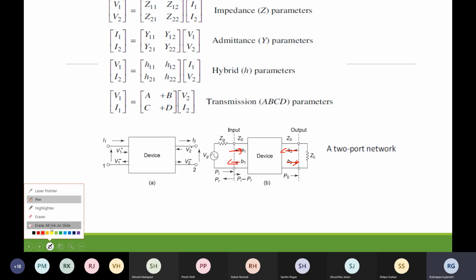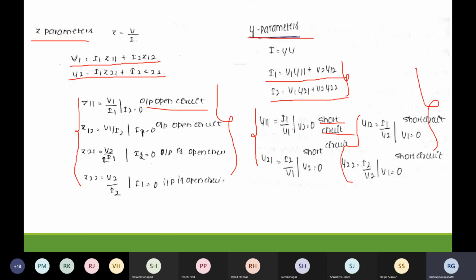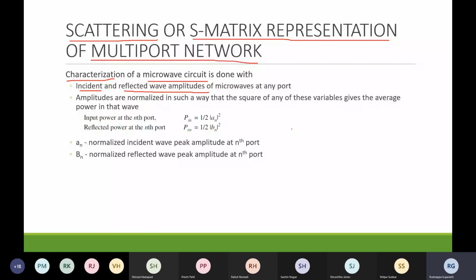Along with this, there are a few other specifications: PI is the incident power, PR is the reflected power, and the total power delivered to the device is given by the difference between these two, that is, PI minus PR, where P naught is the power delivered to the load end. These are a few things we have to consider when we do the analysis pertaining to the microwave network.